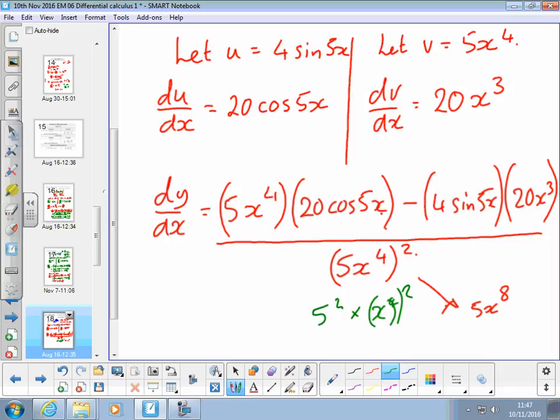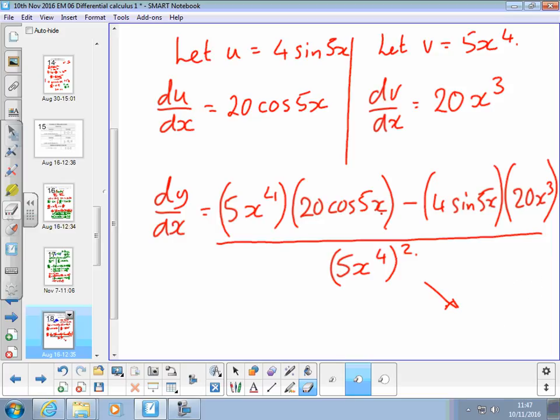So you've got to square the constant as well. So the answer to that simplified is 25x to the 8. Two times 4 is 8. So that bit under there simplifies to 25x to the 8.